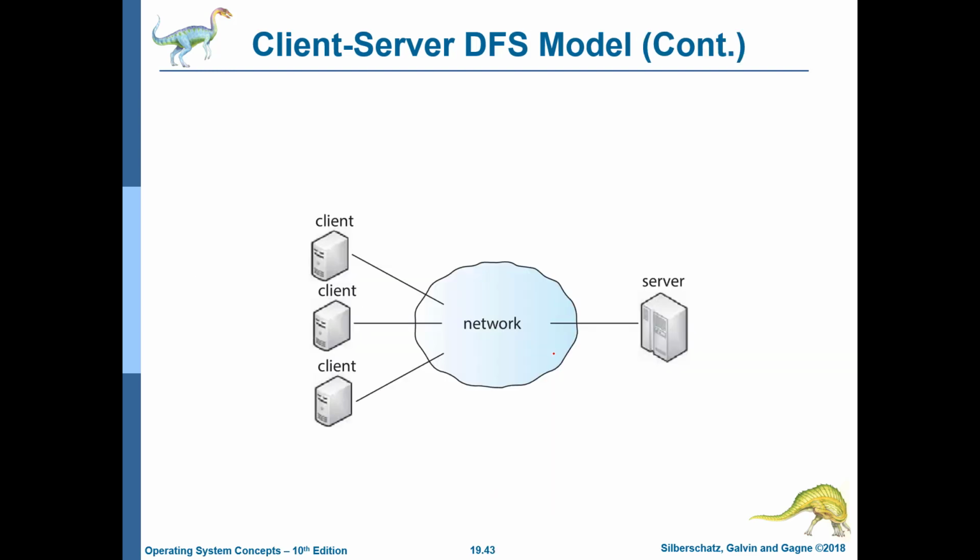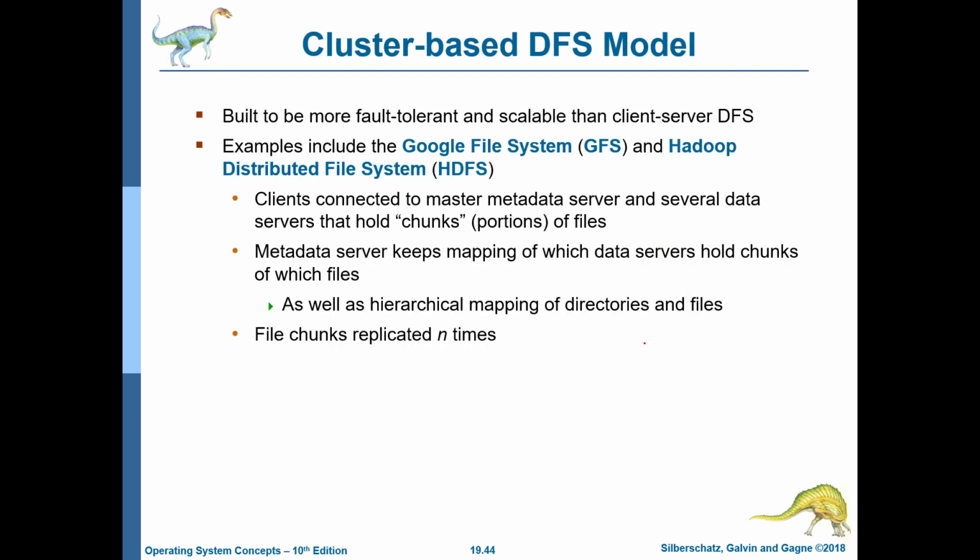So this is a model of the DFS system where we have multiple clients connected to a network. And then there is a server that is also connected to the network, and it's a single server, as you can see. So the moment we have a single server, we have a centralized point of failure. So let's look at ways where we don't have this centralized single point of failure.